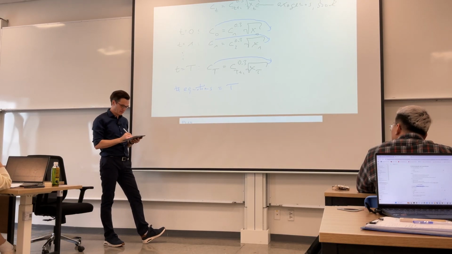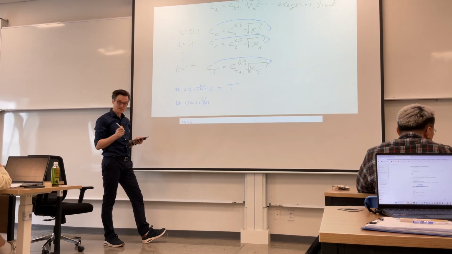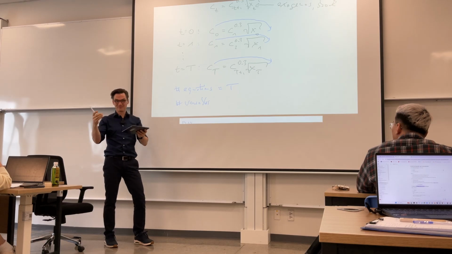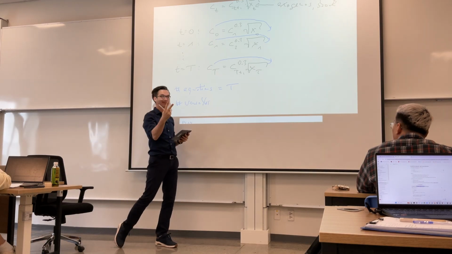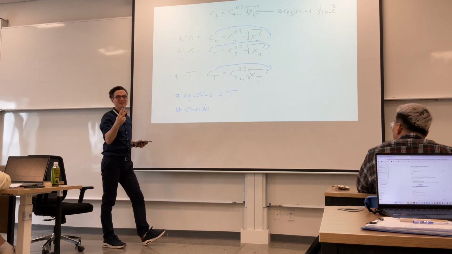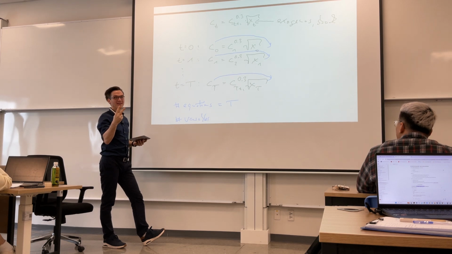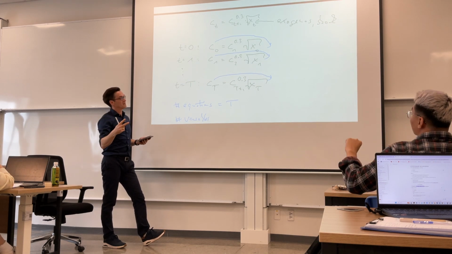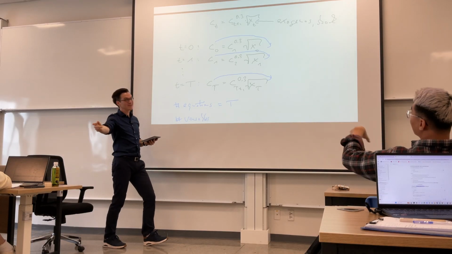What's the number of variables? T? T minus 1? Okay, we have T or T minus 1. Somebody else? How many variables do we have? Because we have C0. T plus 1. There we go.